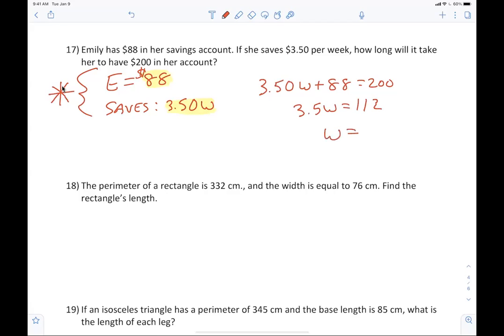And so W equals, come on, guys, 32. 32 what? Weeks. It'll take her 32 weeks to reach her $200. You good with that?